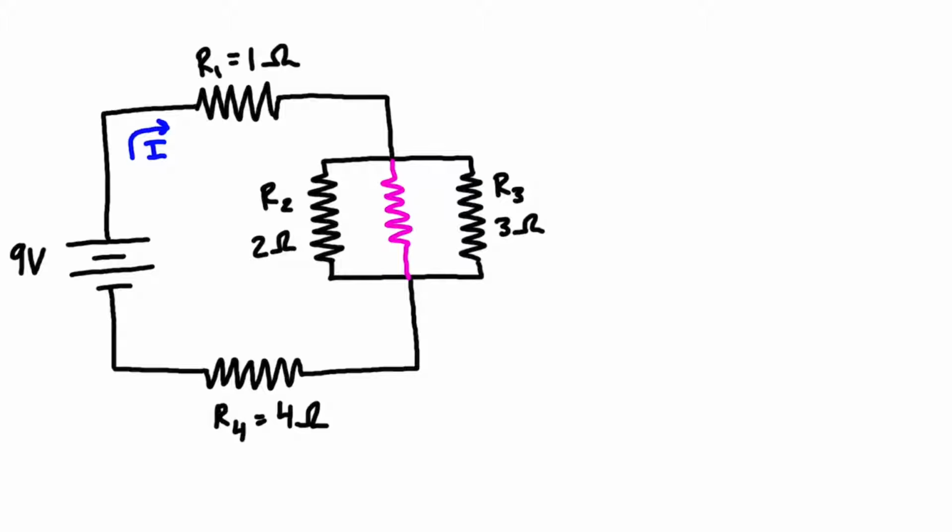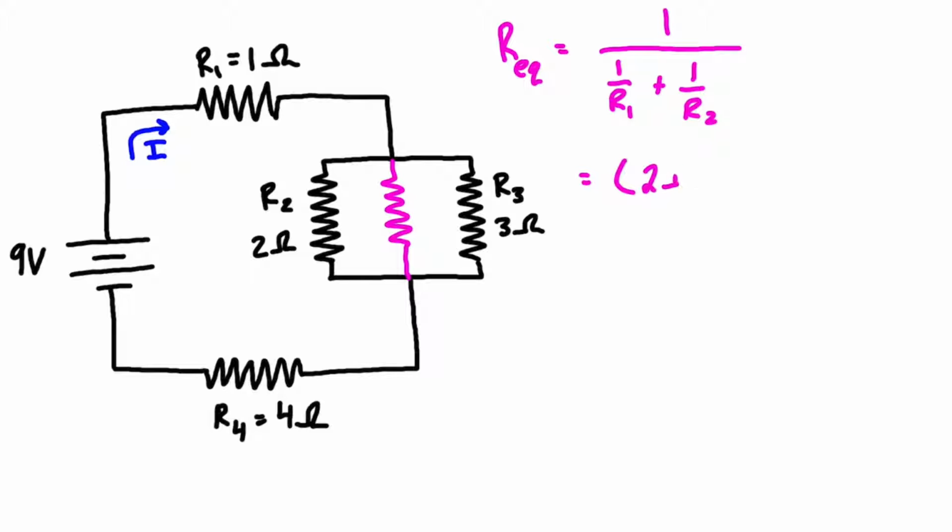So let's bring that back. The way that we can calculate equivalent resistance, if you remember from some of the previous videos, we have an expression for parallel resistors. It is 1 over the sum of the inverses, so 1 over R2 plus 1 over R3. Let's write it with inverse signs.